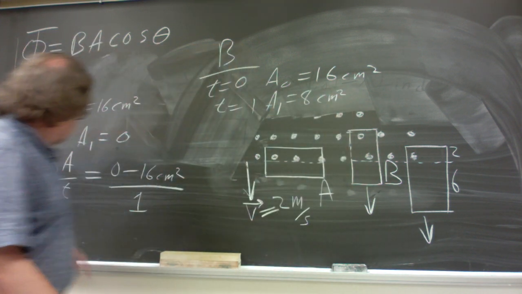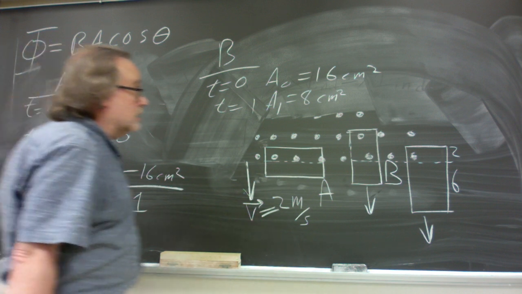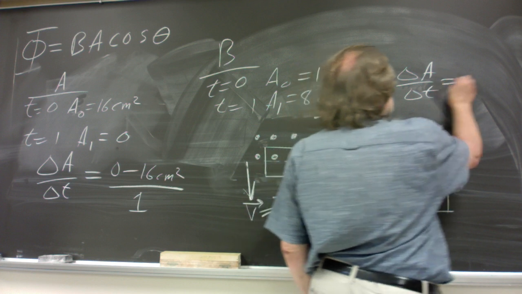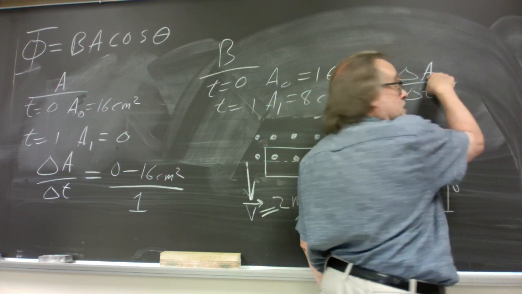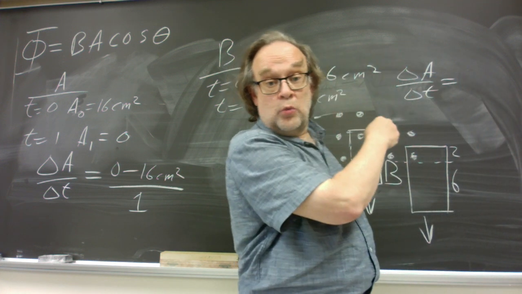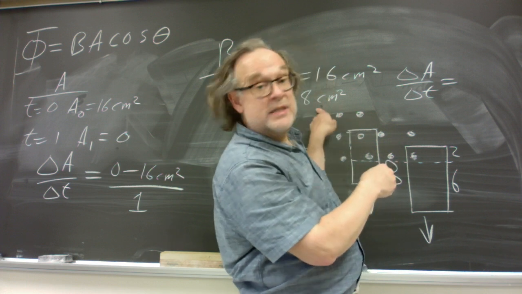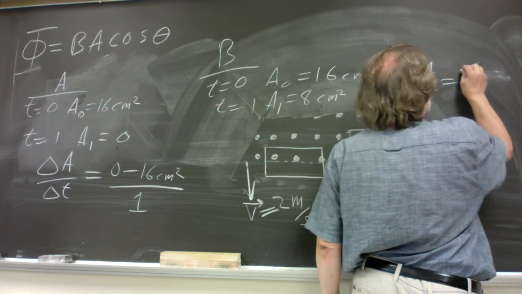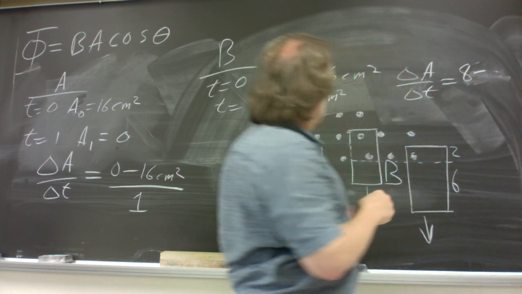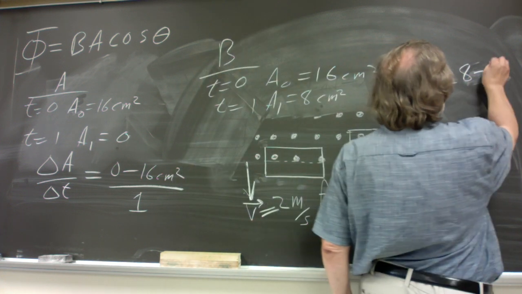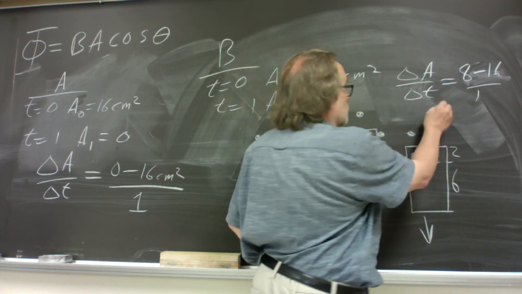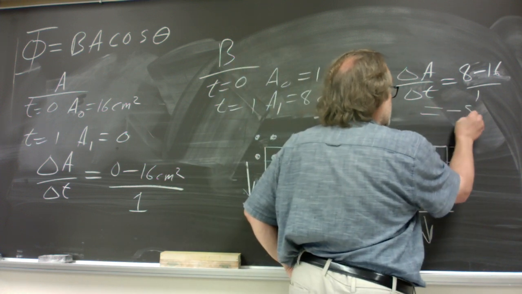So again, what's the rate of change in the area? This is final minus initial value, as always. The final value now is 8, and the initial value was 16, just like before, divided by 1 second. So in this case, the rate of change is just minus 8 square centimeters per second.